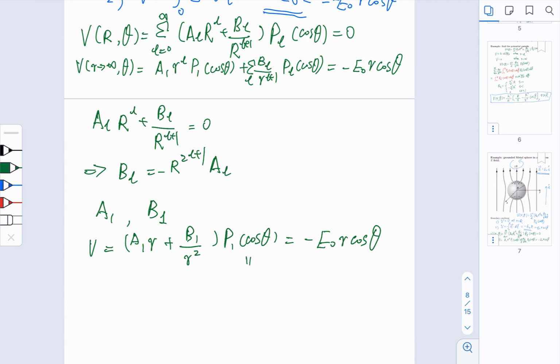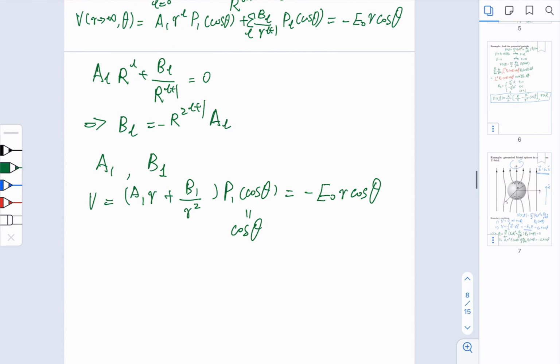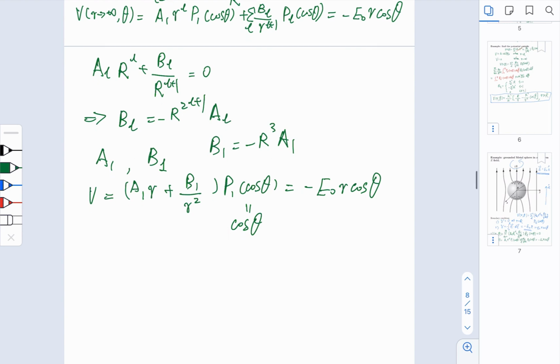Here, this P1 cosine theta is simply cosine theta, and here this B1 must be minus R to the power 3 of A1, and we should evaluate the position at R equals R. So this gives us A1 capital R minus R to the power of 3 over, this is evaluated as infinity.